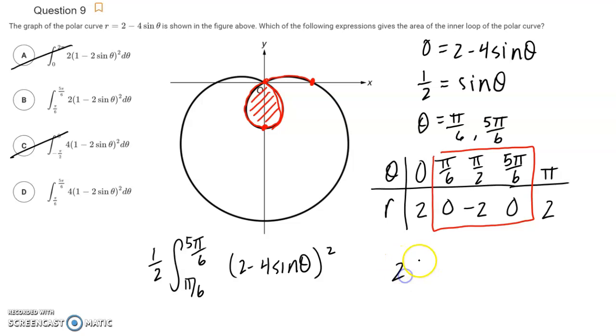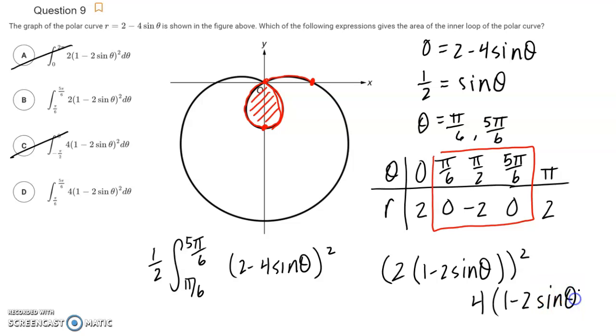So this was 2 times, so now look at my answer options. The 1/2 isn't out there. So if I look at factoring the 2 out and then squaring it, I would get an integrand of 4 times 1 minus 2 sine theta squared. Now 4 times 1/2 is where I get the answer of B and not D.